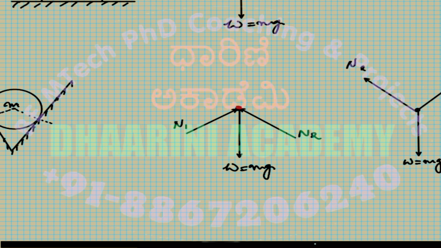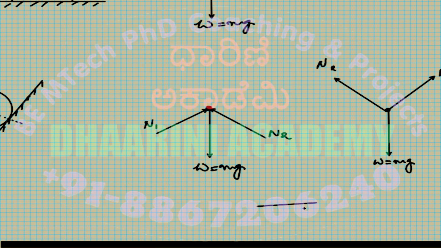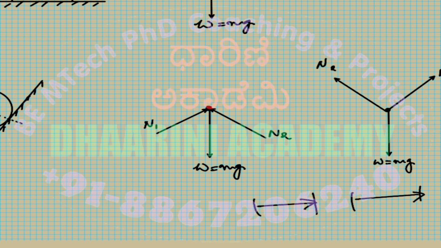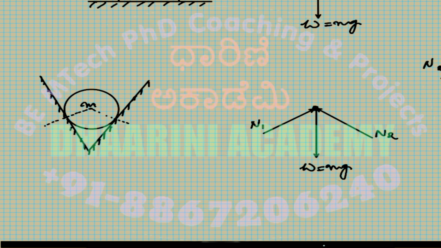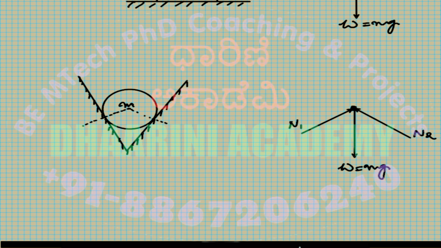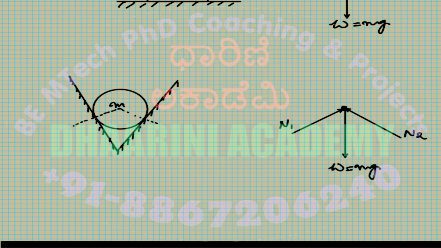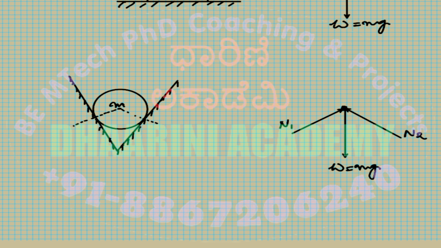So magnitude and direction is important. Whether I write here or I write here doesn't matter, as far as this length is the same, and the angle is also going to remain the same. So that's what we had studied in the topic called vectors, so we are sticking to that. So this is the second option, or the second technique of performing what is called a free body diagram.